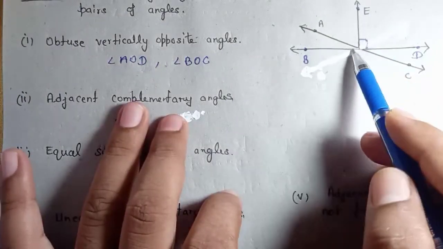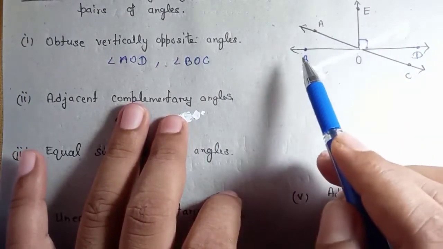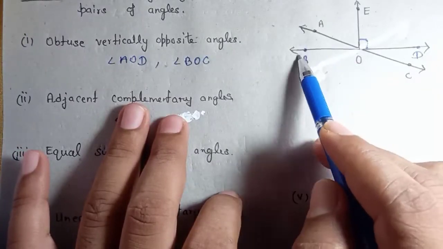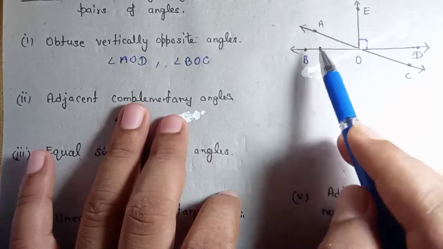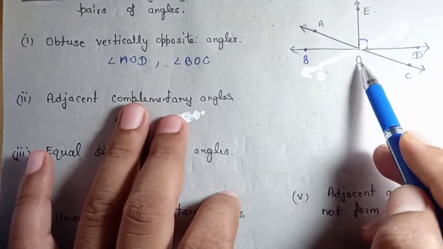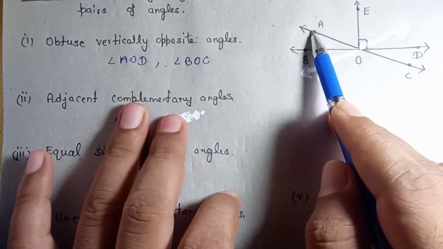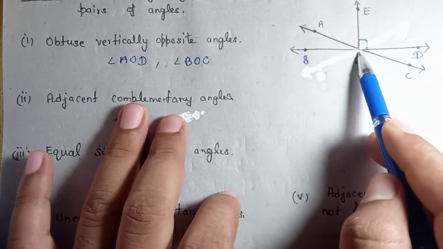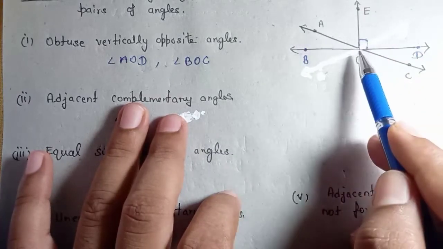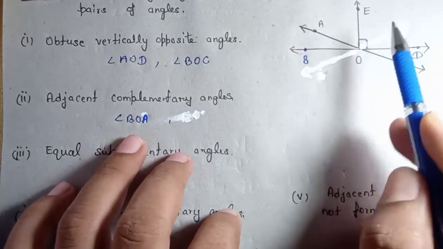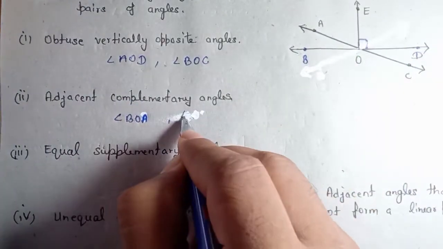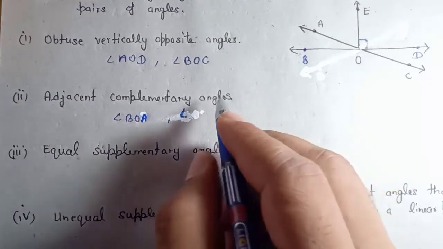This angle is a right angle which gives the sum of 90 degree and here BOA and AOE are two angles which are adjacent because they have a common vertex. A common side also available there, AO, and other sides are available on opposite sides of the common side. So BOA and AOE are the angles which are complementary and adjacent.